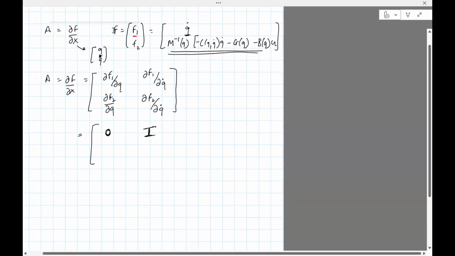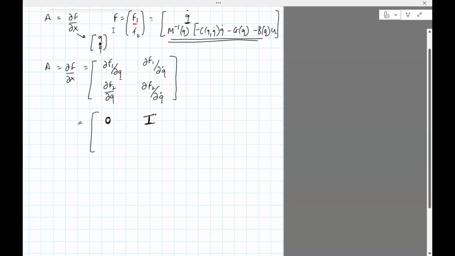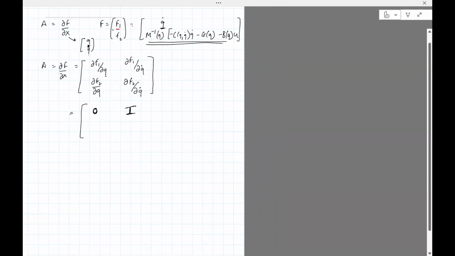Let's just do that separately, because taking this derivative is going to take some time. So let me do that separately and then sub in the value here.